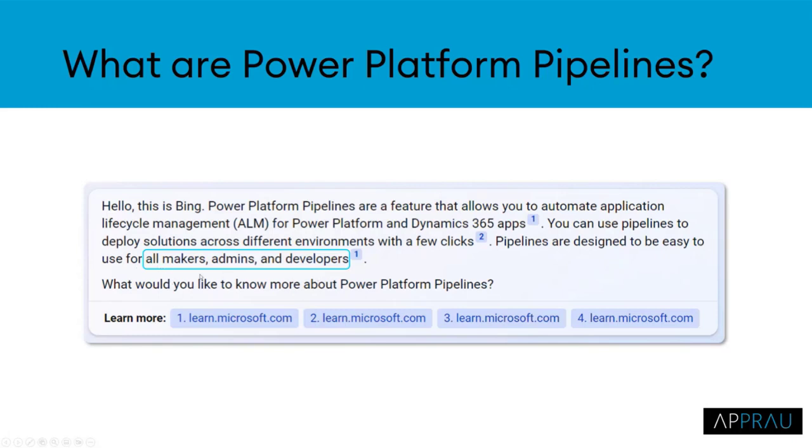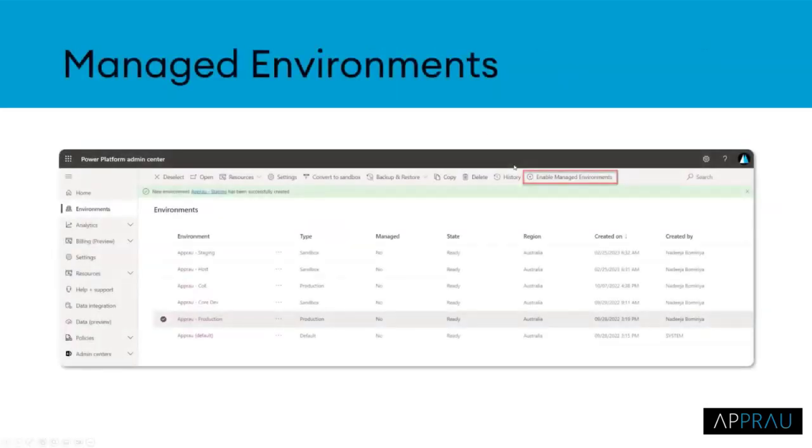So this was interesting. It says all makers, admins, and developers, right? So this is not just for developers. The important thing is if you're a functional consultant or a citizen developer or administrator, you can set this up and manage the whole deployment process, right? So I think that's quite important.